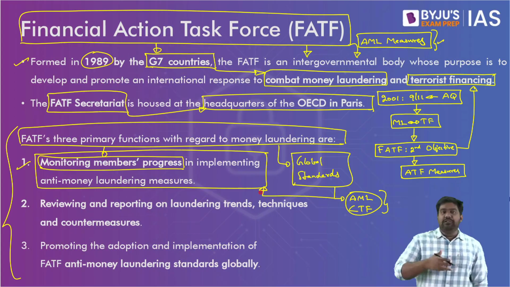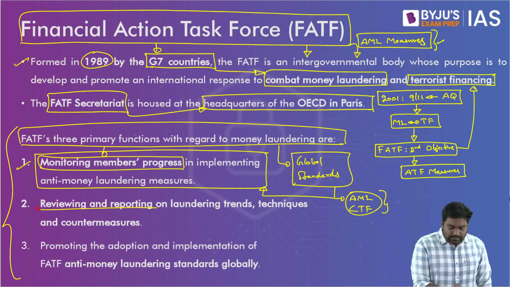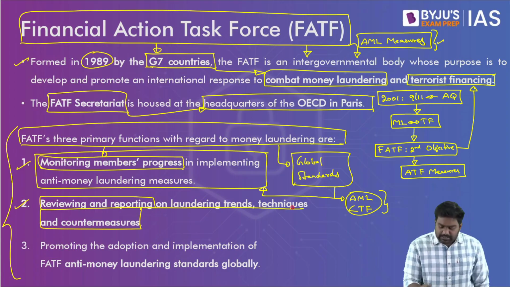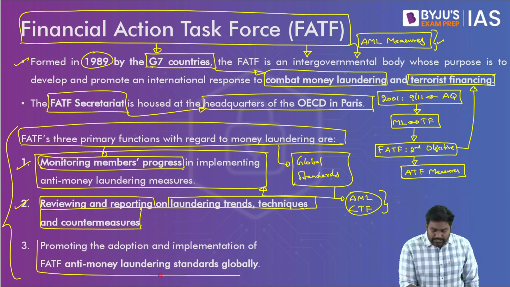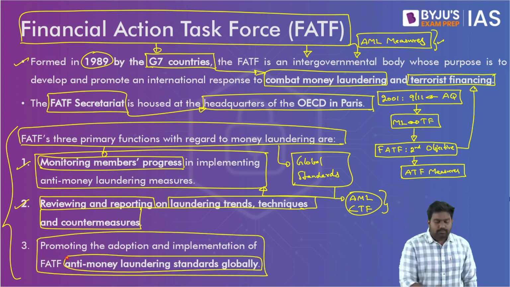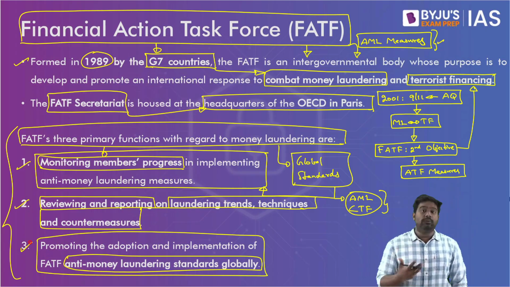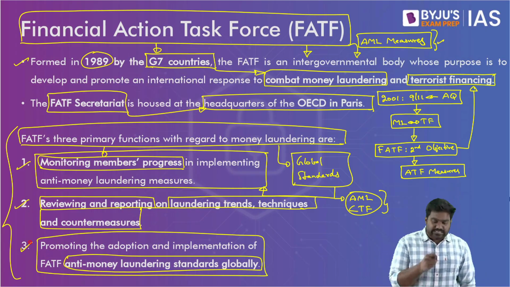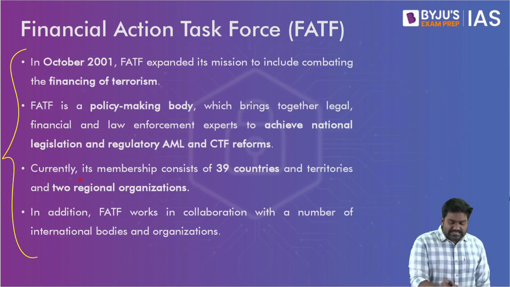So FATF will monitor and review whether countries are following the standards. It will review the progress they are making, whether they are enforcing these measures, and it will report on their progress. It will promote the adoption of these measures around the world by closely working with governments and key financial and global institutions. This is the primary role of FATF. So it's essentially a policy-making body.